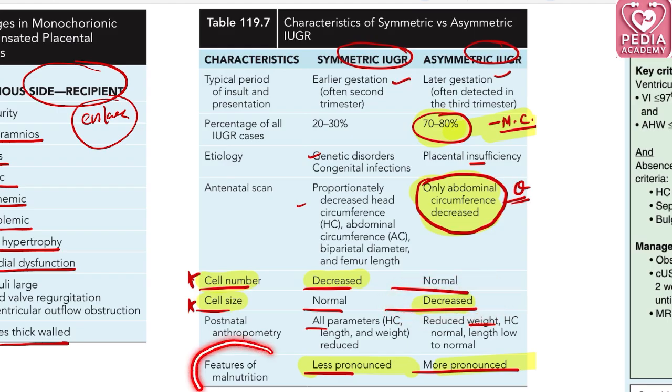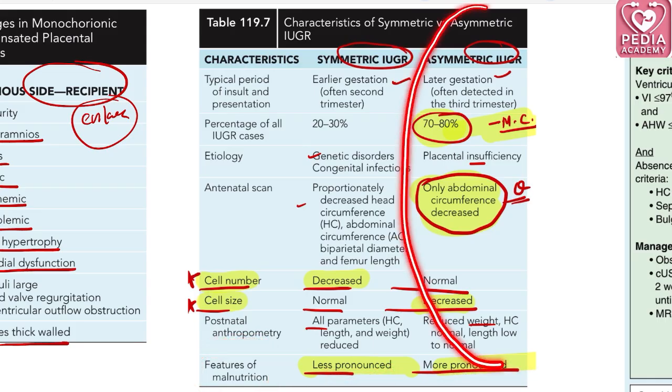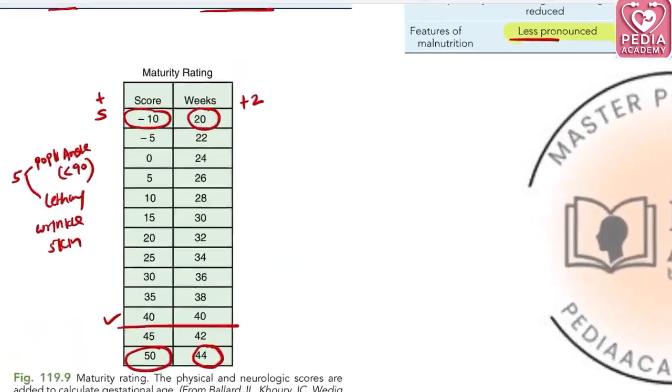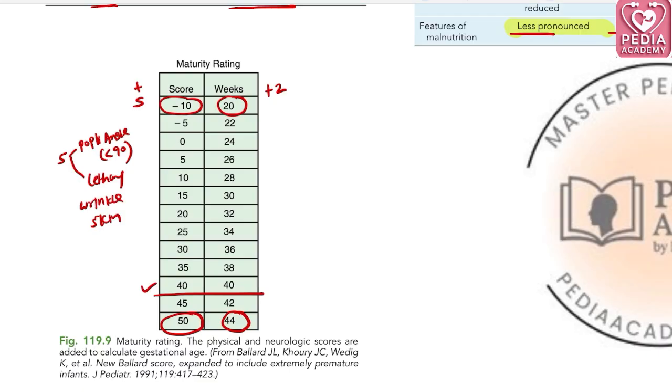Malnutrition features are less pronounced in symmetric and more pronounced in asymmetrical IUGR. Basically, for asymmetric IUGR remember 70 to 80%, only abdominal circumference decreased, cell number normal, cell size decreased.